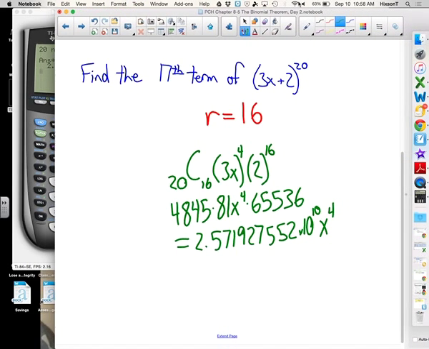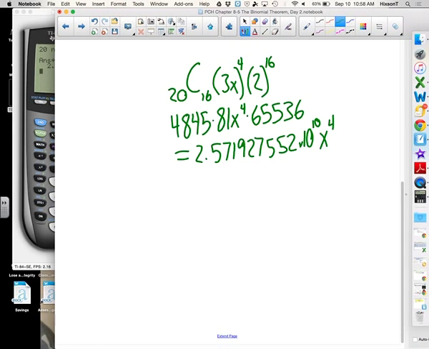The other possibility would be to round the scientific notation and just say that it's 2.57 or even 2.572 times 10 to the 10th x to the 4th.